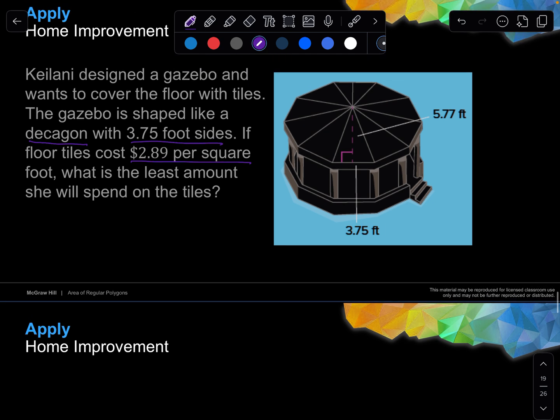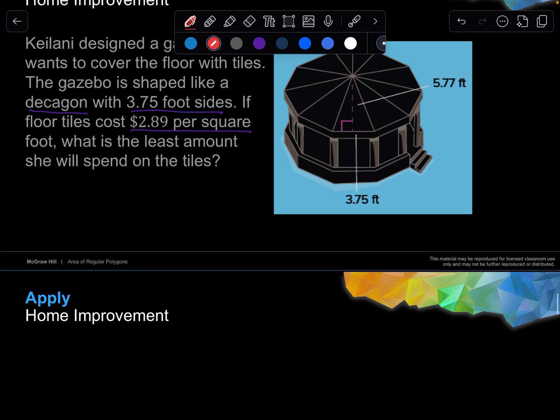So what is it that we need to find? How many sides does the decagon have? The name decagon tells you that it has 10 sides, which means we have 10 triangles, right? So what else do we know?